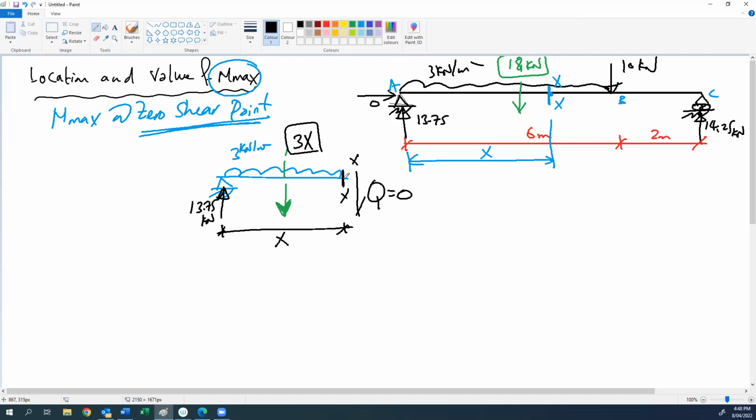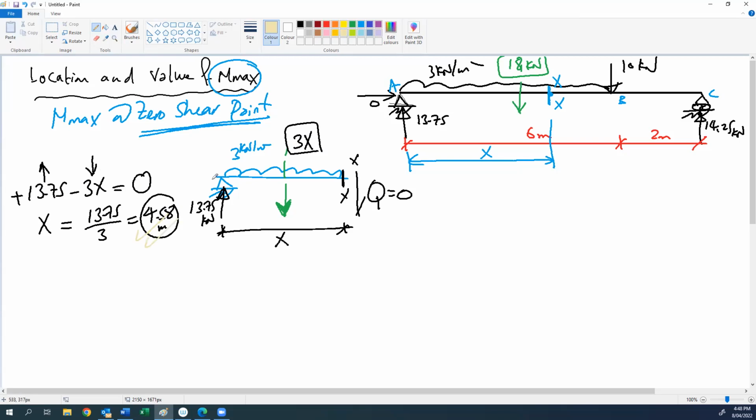At the zero shear point, applying the equilibrium equation, we have 13.75 going up positive minus 3X going down equal to the zero shear. From this equation, X will be equal to 13.75 divided by 3, equal to 4.58 meter. So this is our location of maximum moment.